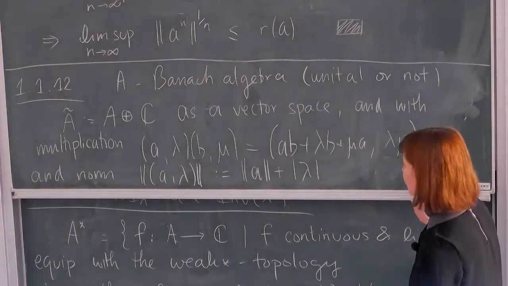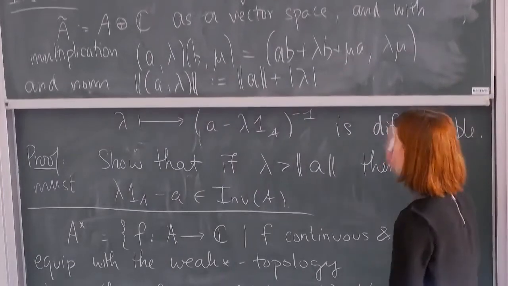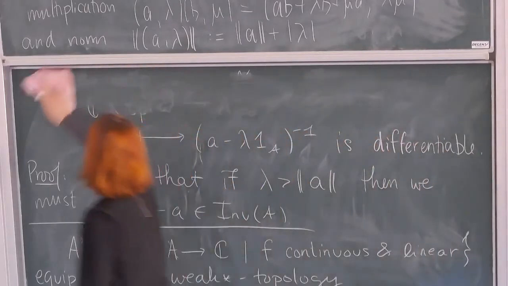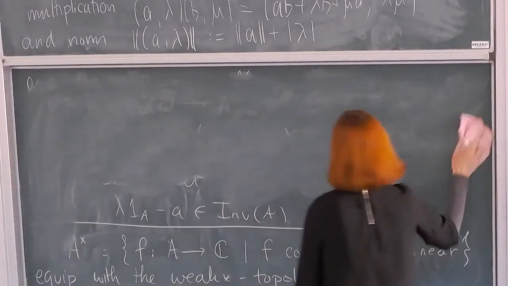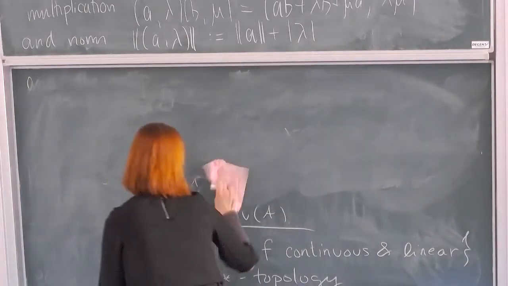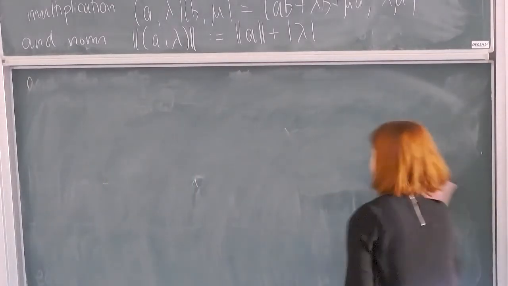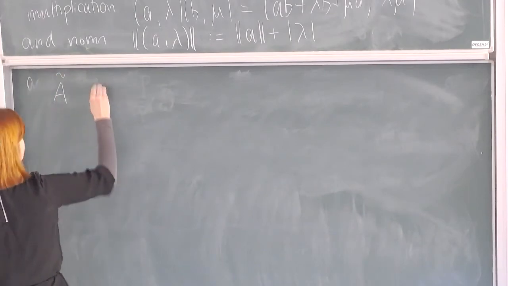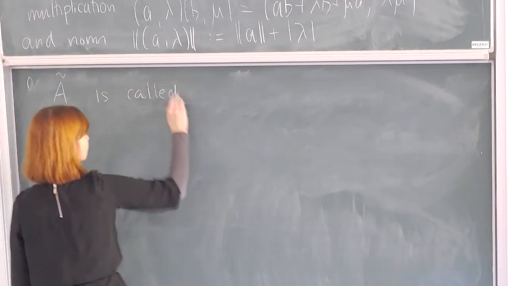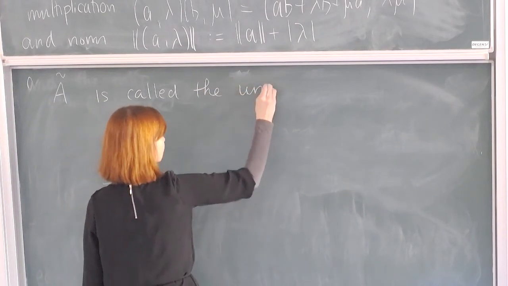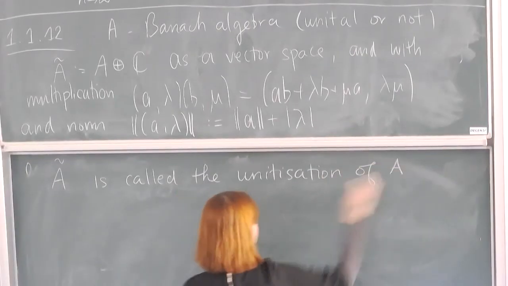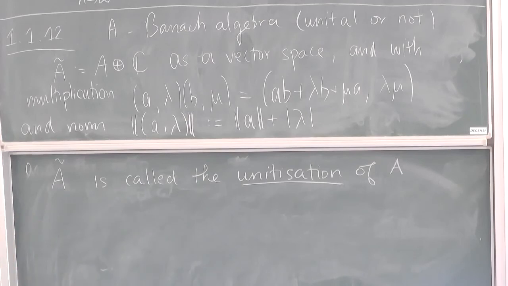And we call this the unitization of A. And this allows us to define the notion of spectrum in a non-unital C-star algebra.